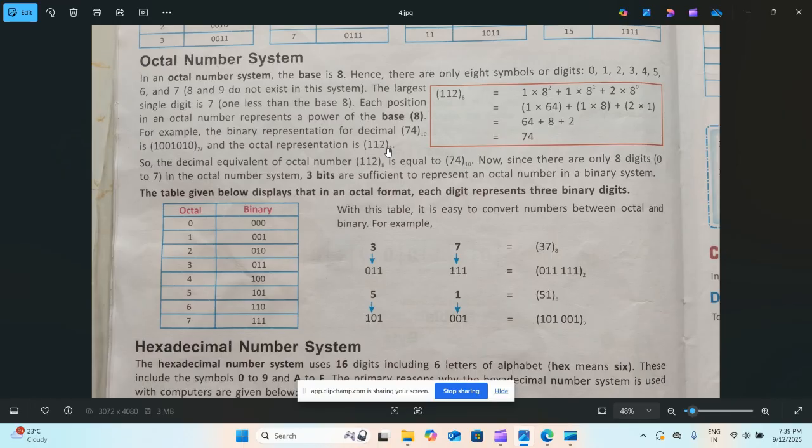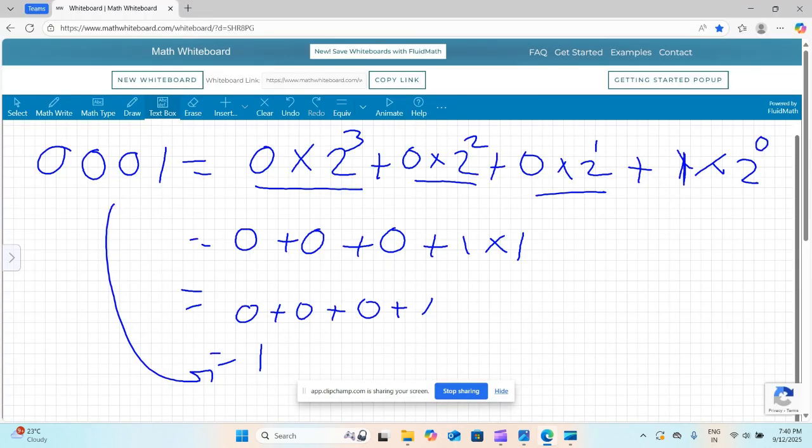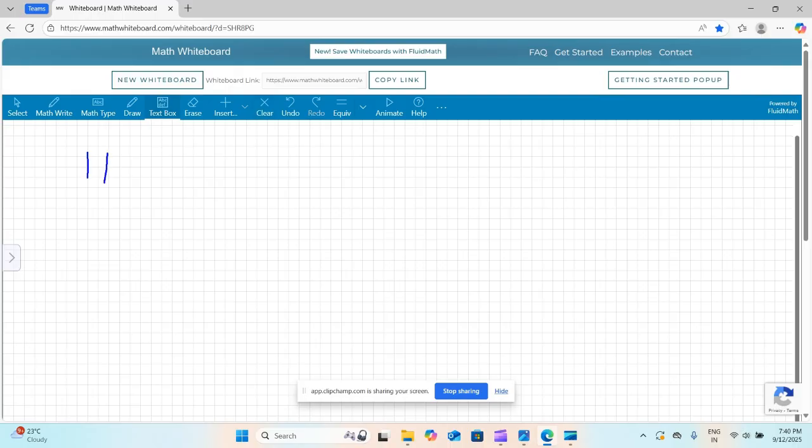Understood? Okay, so now how the octal number is converted to decimal, we can say this 112. In the same way, whatever the base is, you have to multiply by that base and go on adding the powers. From right to left, start from 0 and go on increasing in the same way. So what number have we taken? 112. This is base 8.